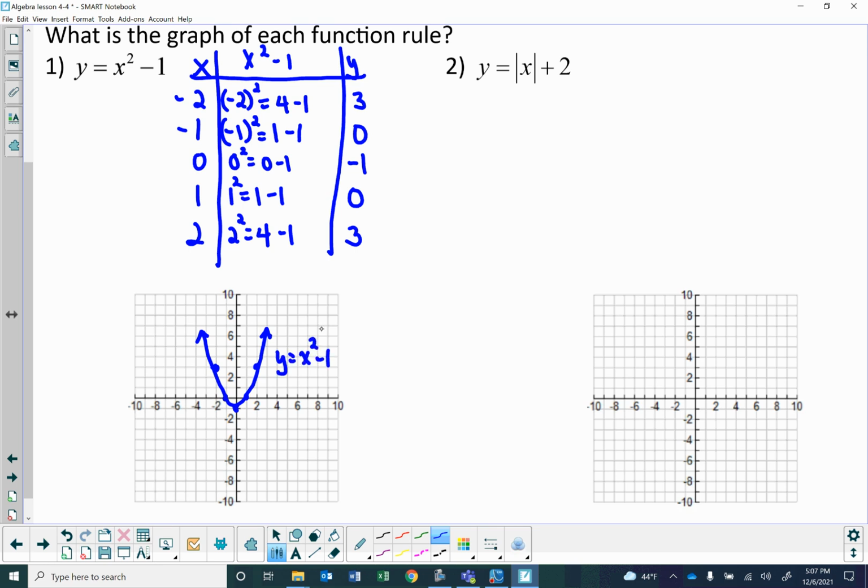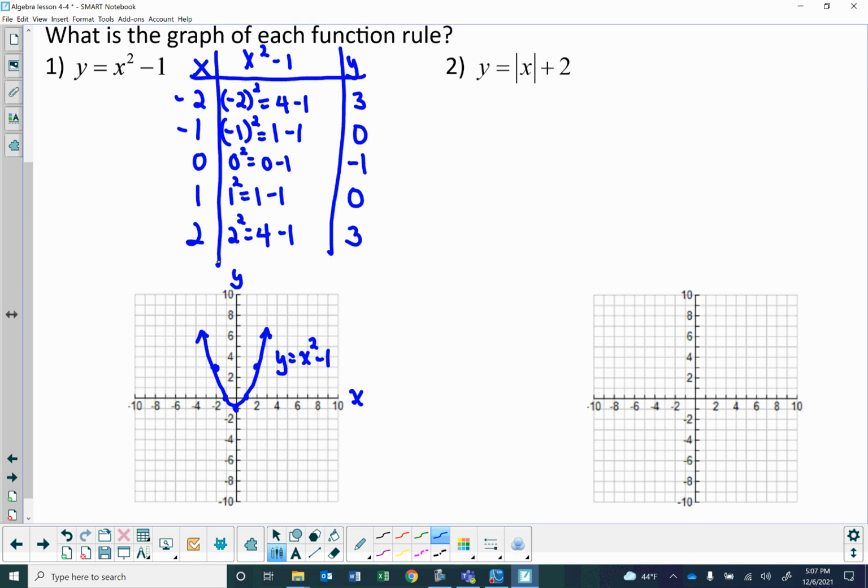The more you do these, the better you get. Of course, don't forget to label your x and y axis, which I almost forgot to do. And there we have our graph. It's a nonlinear graph. It's not a straight line graph. It is a smooth curve.